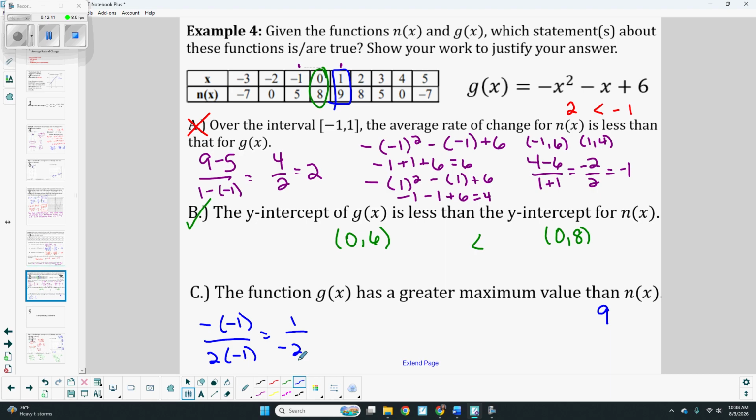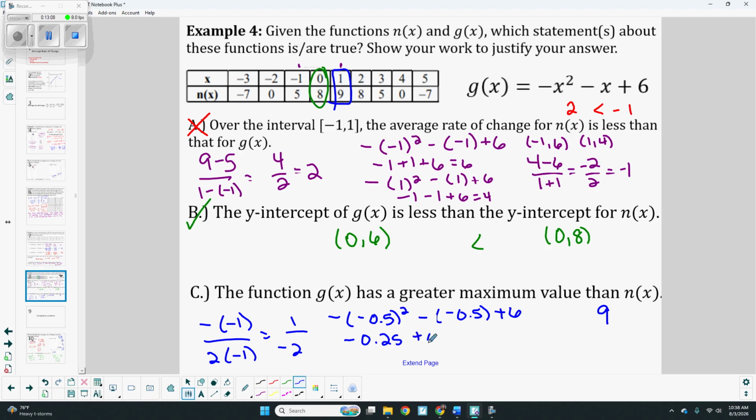Okay, make sure we did that right. Okay, so now I'm going to put negative 0.5 back in. Sorry, yep, that's right. So this is going to be positive 0.25 times negative is negative 0.25.